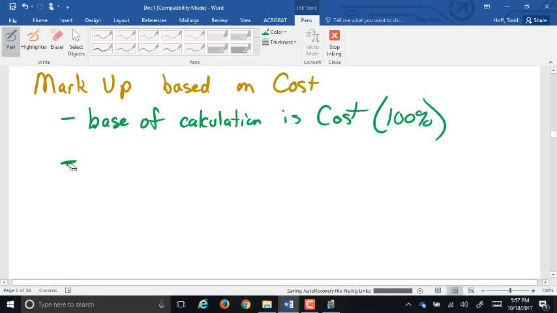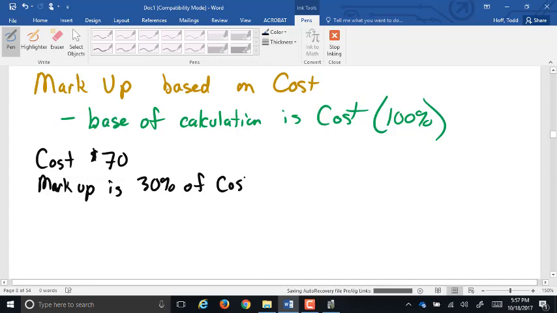So let's look at some examples. For an item that costs $70, markup is 30% of cost. Markup is 30% of cost is basically saying it's a 30% markup on cost.